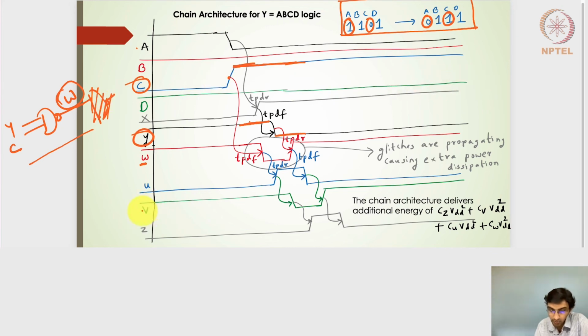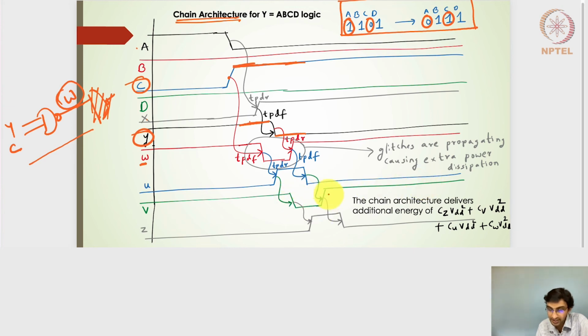So the output of the 2 input NAND gate, the fourth meaning X being the first one, then W being the second one, and then of course the third 2 input NAND gate in the chain architecture, we will get, because D is 1, an inverted output of U. So whatever U is, I get the inverted output, so it will be high, and when U goes high and low, it will go low and high.